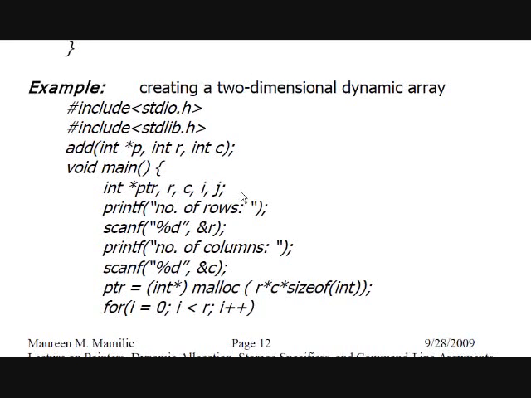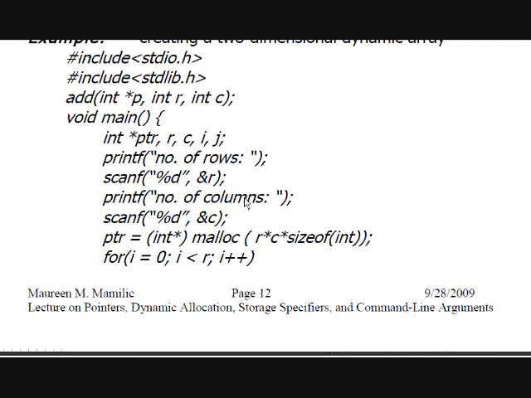Okay, so prior to storing the elements in our two-dimensional array, we will ask first the user how many rows and columns he or she wants. Okay, so supposing the number of rows is 2, so the value of R here is 2, and the number of columns is 3, then the value of C here is 3.